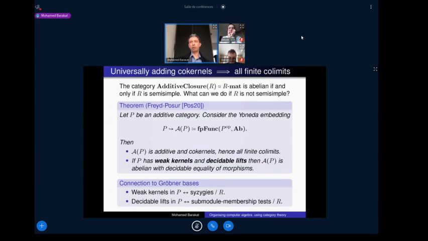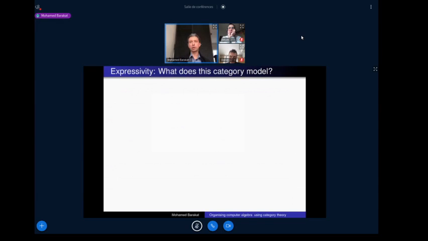Okay, so we now know that if we have a ring with a Gröbner basis notion, then the Freyd construction of the additive closure of the ring will be an abelian category. But which abelian category? So what does this category model? Any ideas?